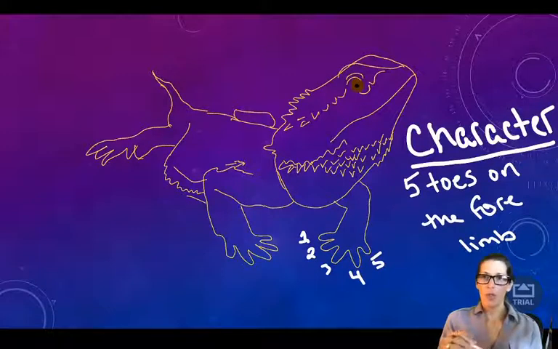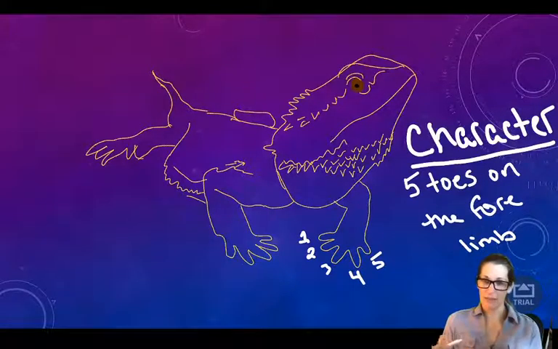Every organism has things that are called, in evolution and in phylogenetic terminology, characters. For example, the number of toes on a forelimb. You like my bearded dragon drawing? I'm really proud of it. The number of toes on a forelimb is a character.